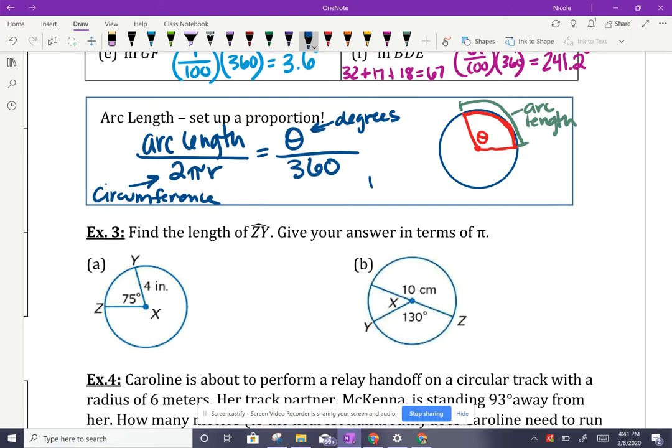So part over whole equals part over whole. The part of the circle in feet, inches, the part of the circumference over the whole of the circumference is equal to the part of the circle in degrees over the whole of the circle in degrees. So we'll just be cross multiplying here.